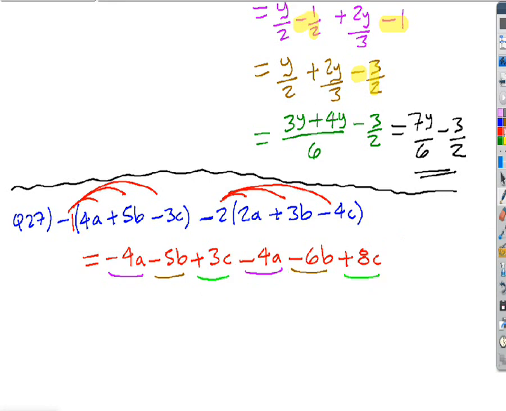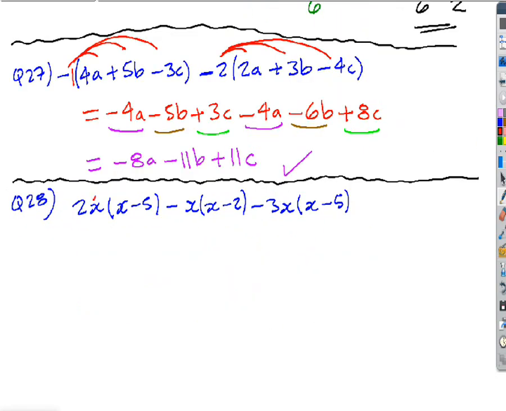So those are my like terms. On the next line, bringing them together, negative 4a, take away 4a is negative 8a, negative 5b, take away 6b is negative 11b, and finally positive 3c, add 8c becomes positive 11c.